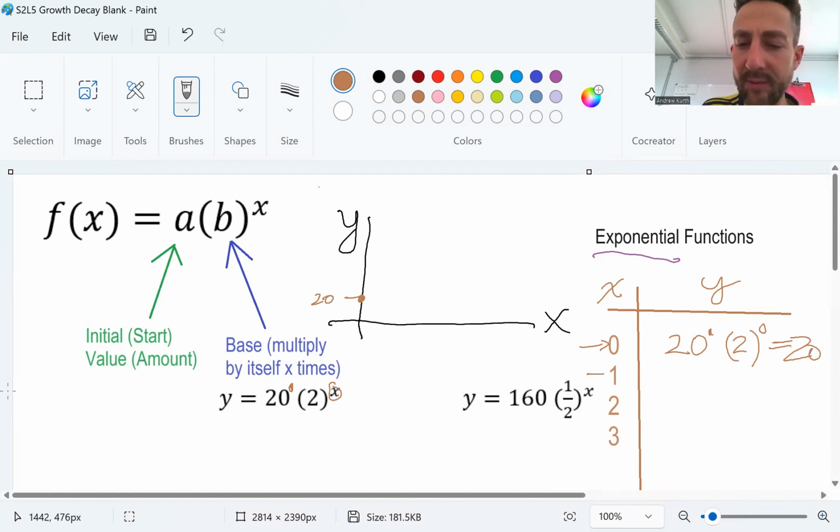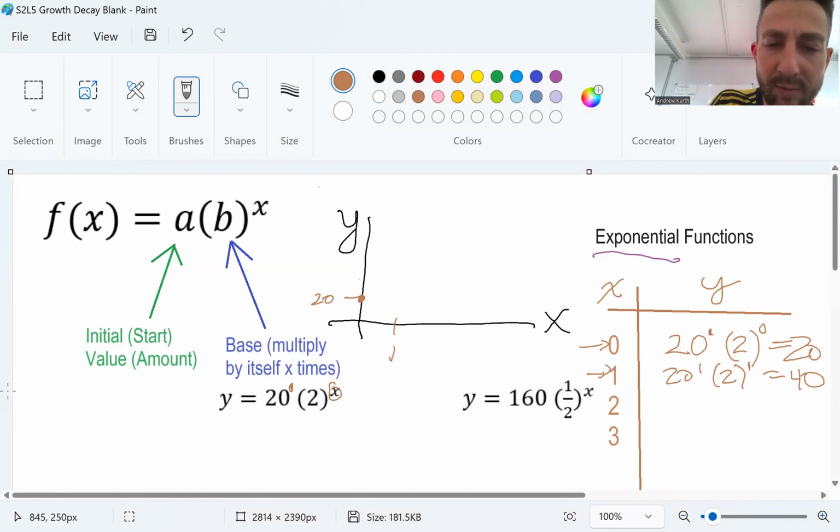Then for x equal 1, now we have 20 multiplied by 2 to the 1 power. 2 to the 1 power is 2. So we're multiplying 20 times 2 to get 40. So now x equal 1 and y equals 40, twice as high as before.